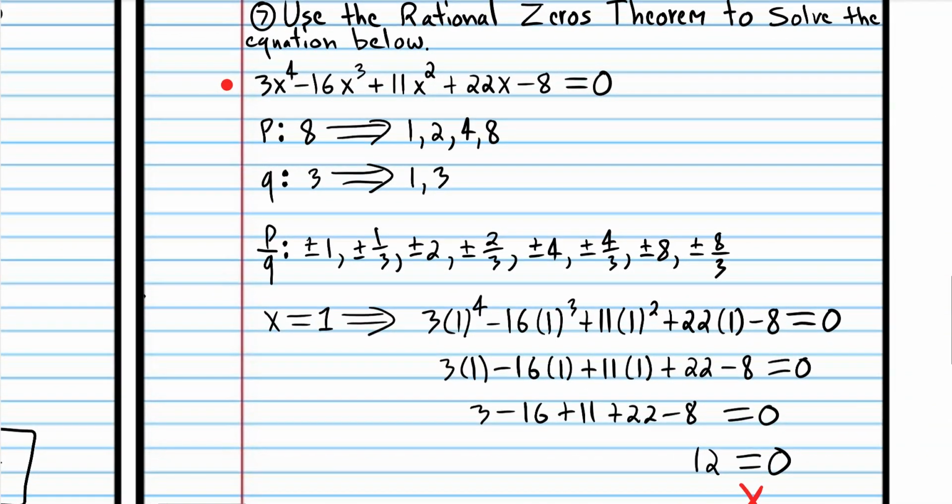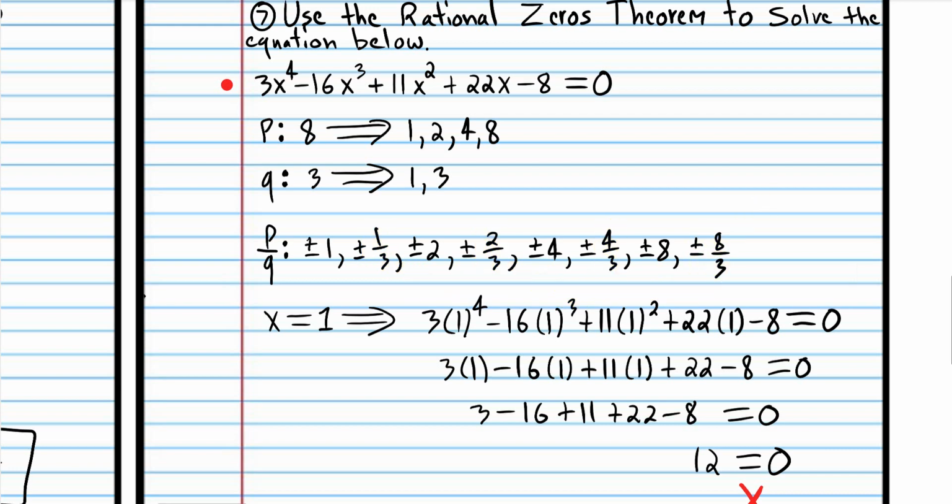Now, are we going to keep plugging in more numbers as we did in the first step? That makes sense, right? That's what we did to find the first solution. Why don't we just keep plugging in more numbers to find the other solutions? Well, we could do that, but it's a lot easier to use some other tools to find the remaining solutions rather than just plug in numbers, because we certainly don't want to have to plug in these fractions, and we're actually never going to do that.